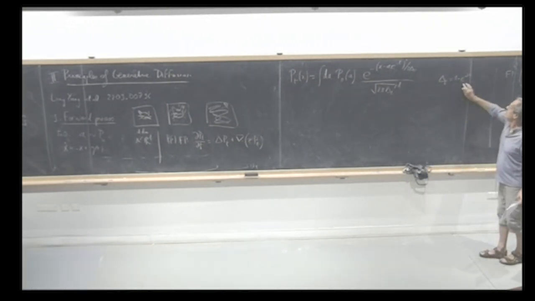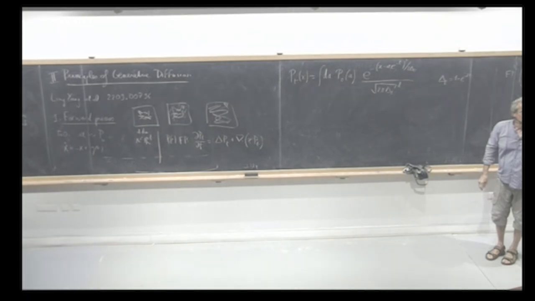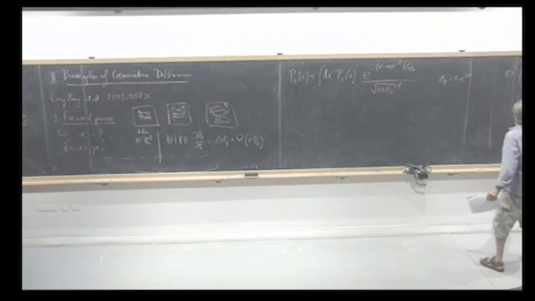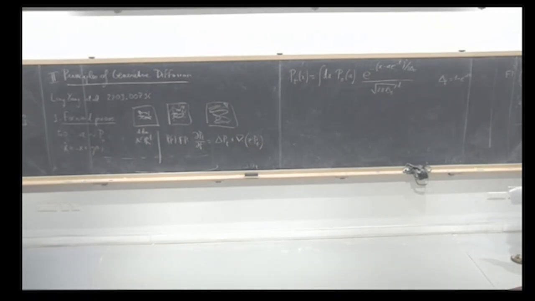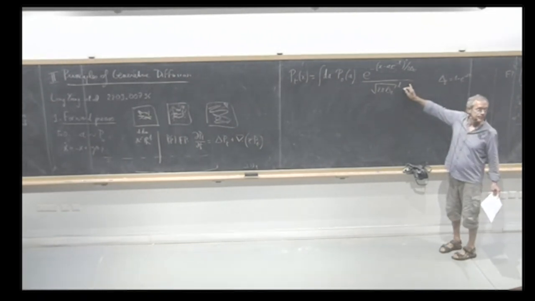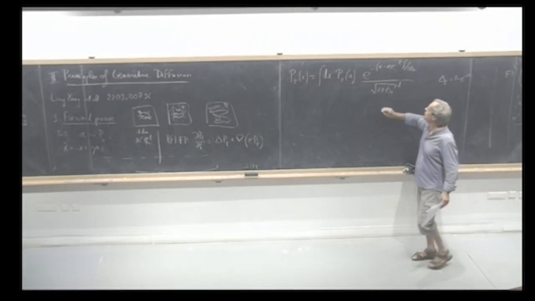This is 1 minus e to the minus 2t. So you remember, when we follow this process at a time t, the mean is a e to the minus t, and then there is noise around that, which has a variance delta t. This is exactly what is expressed here. Okay? This is what we have derived before.